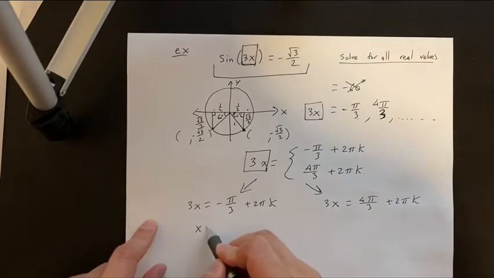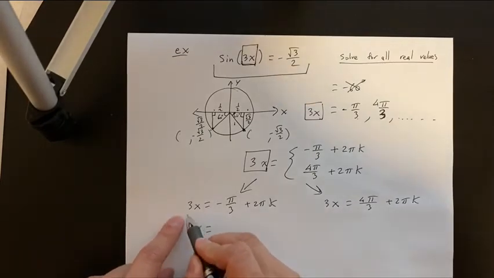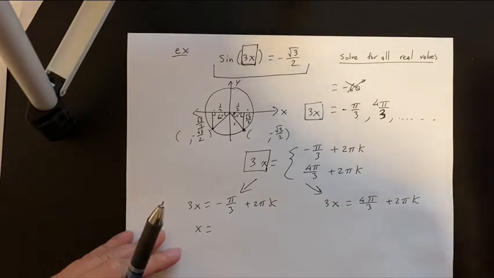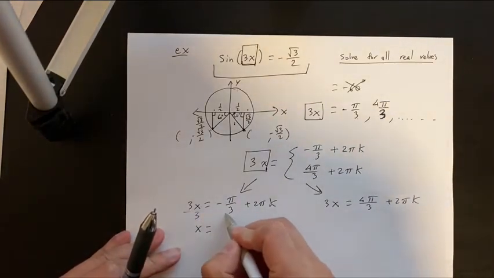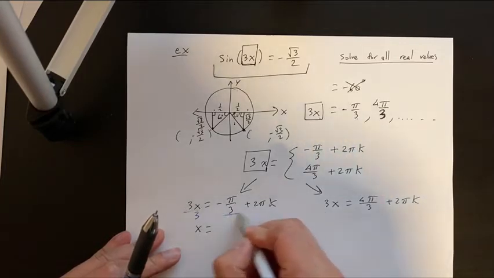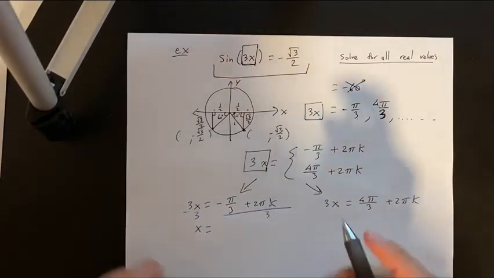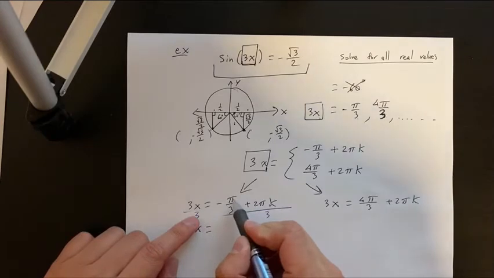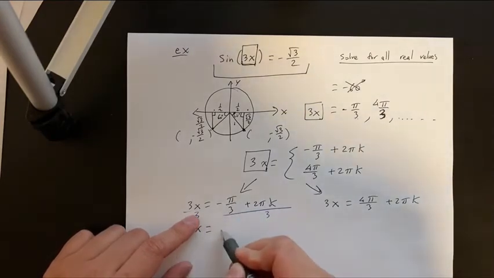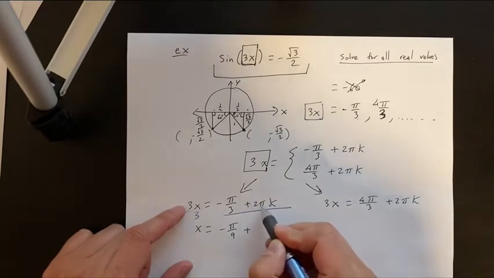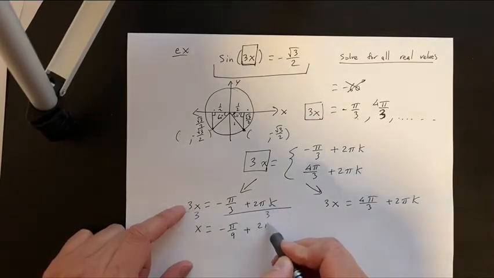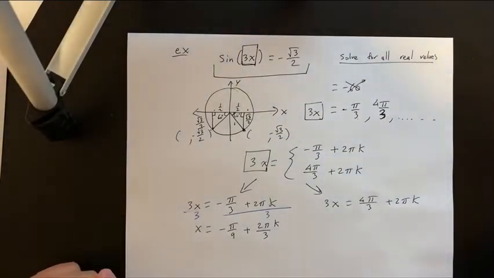For the first equation, you divide the left side by 3. You have to divide the right side by 3, so the whole thing divided by 3. So the negative pi over 3 divided by 3 is negative pi over 9. And the 2 pi k divided by 3 is 2 pi k over 3.